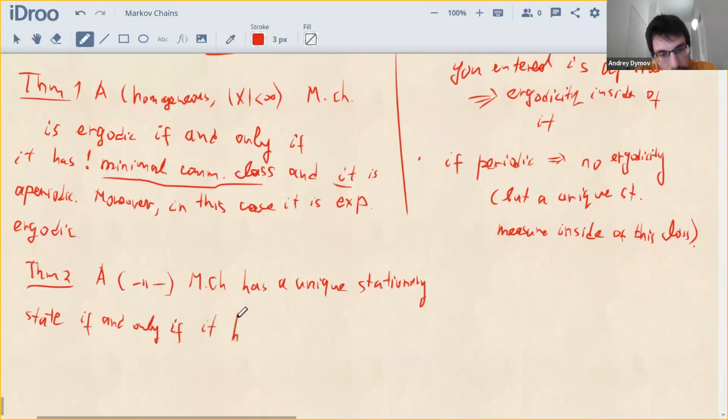It has a unique minimal communicating class.